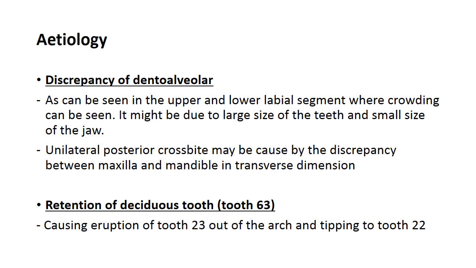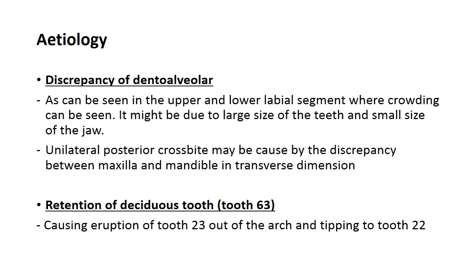So for the etiology of this case, I come up with two etiologies. The first one is discrepancy of the dental alveolar, as can be seen in the upper and lower labial segments where crowding can be seen. It might be due to large size of teeth and small size of the jaw.